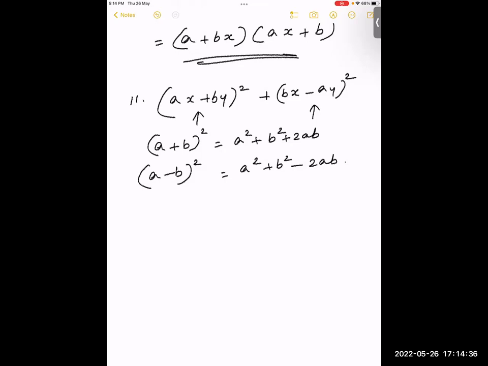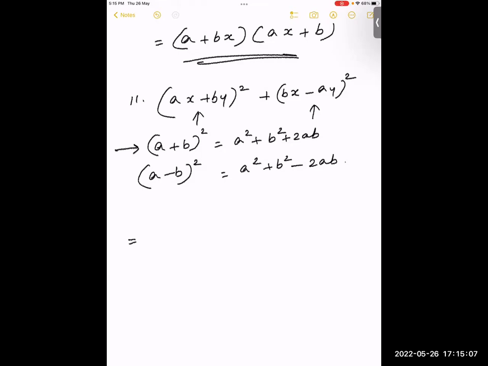Vedant, can you tell me what is (ax plus by) the whole square? Just the first term. Expansion, using this. It is using a square plus b square plus 2ab.